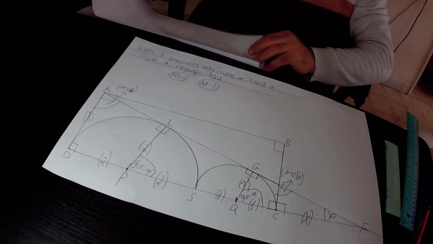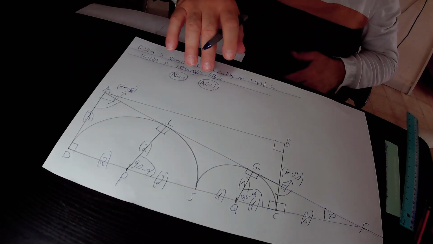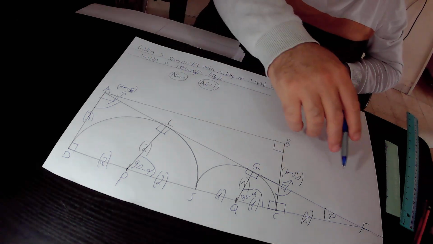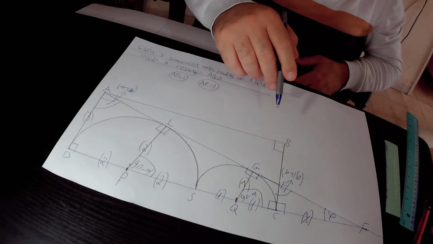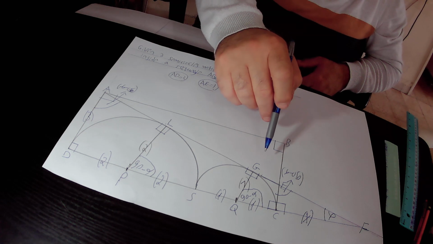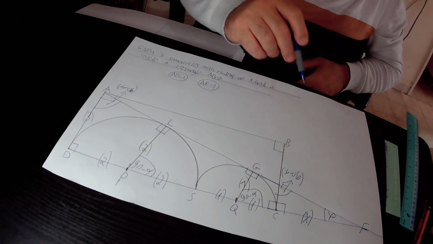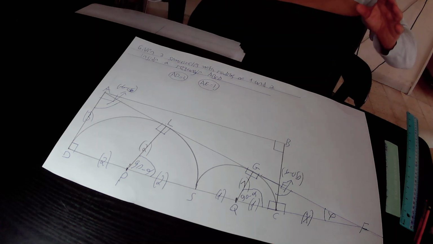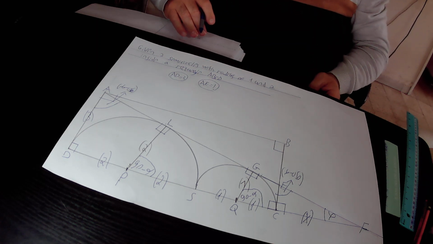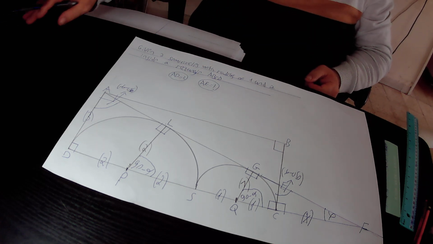So we prove that all the angles inside this big right triangle LPF are correspondingly equal to all the angles of this small right triangle GQF. And therefore those two right triangles are similar to each other according to the angle similarity rule. So I write it down.